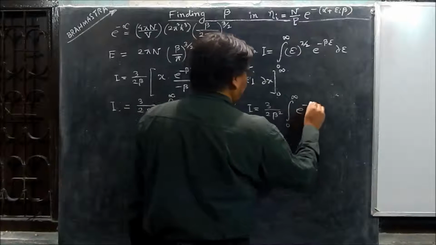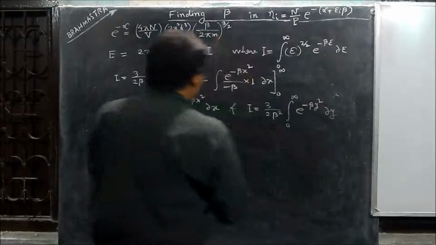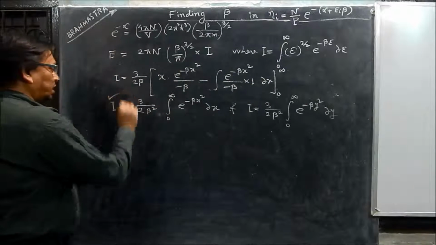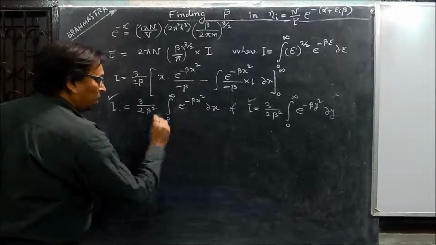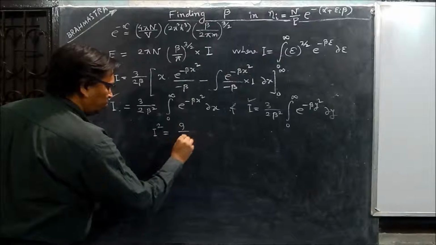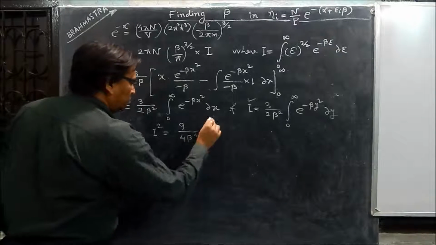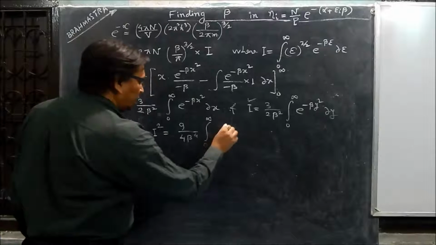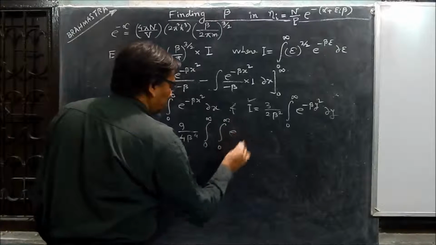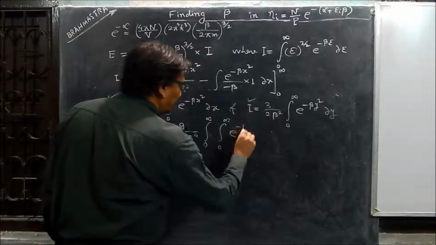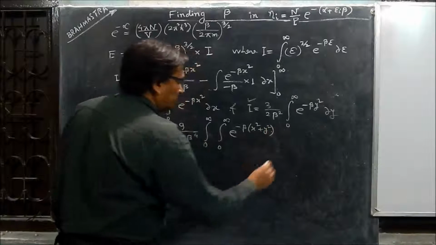So we will write e to the power minus beta y square del y, and then multiply these two. This I multiplied by this I will give I square, and this will be 9 by 4 beta to the power 4, integration 0 to infinity and again integration 0 to infinity, e to the power minus beta, taken common, x square plus y square, del x del y.